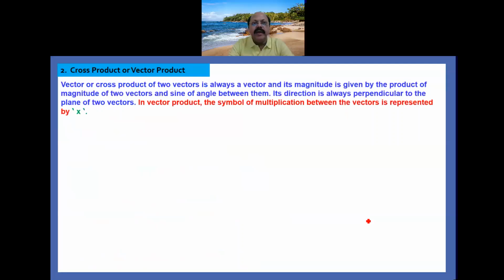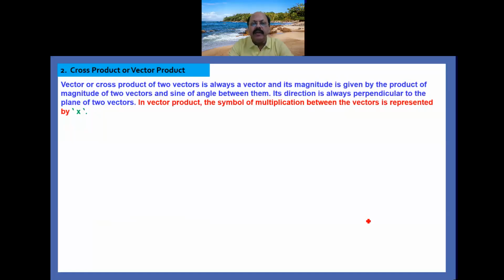Now the cross product or the vector product. The vector or cross product of two vectors is always a vector, and its magnitude is given by the product of the magnitudes of the two vectors and the sine of the angle between them. Its direction is always perpendicular to the plane of the two vectors.